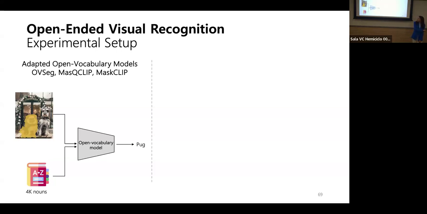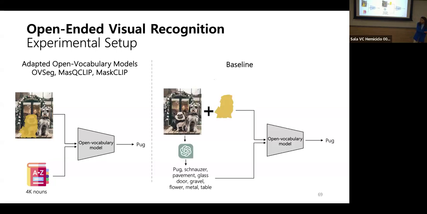The other thing that we did was to propose a baseline using a multimodal LLM out of the box, passing the image and asking this model to provide a list of the semantic vocabulary that we have in the image, and then use this output as the input for the best open vocabulary model that we have in the literature.